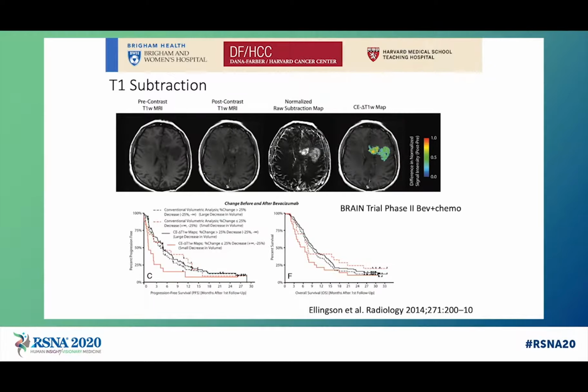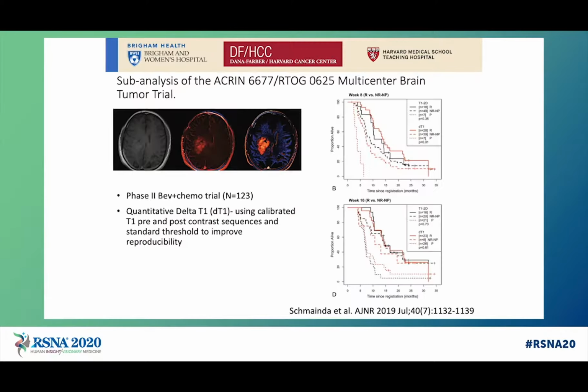When this method was tested on the phase 2 BRAIN trial data, tumor response determined by T1 subtraction maps show better stratification of progression-free survival and overall survival outcomes. Similar results were also found using the different phase 2 trial data. In this case, a different intensity calibration method was performed prior to subtraction, and the same standard threshold was also used to define tumor in the subtraction maps across all scans.